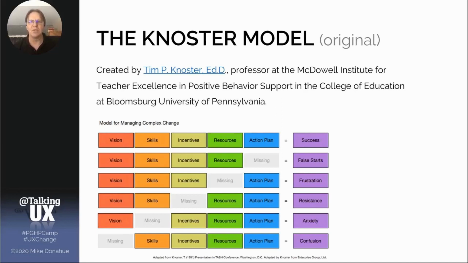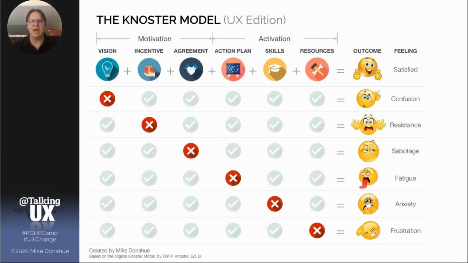Now, we can take that and leverage that for ourselves, and by adding in agreement, because I'm going to assume that most of us on this call are working in businesses, we have internal stakeholders as well as our end users that we need to get buy-in from. We needed something else in here.